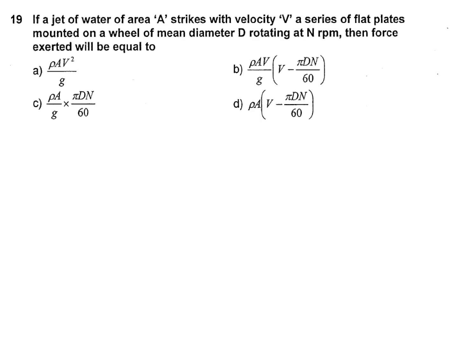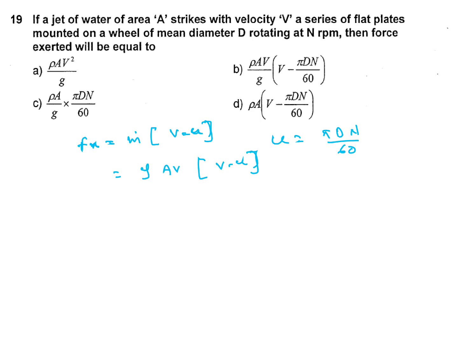Fx is equal to the rate of change of linear momentum, m dot (v minus u), and u we know is pi D n by 60. m dot is rho a v, the mass flow rate. So rho a v into (v minus pi D n by 60).